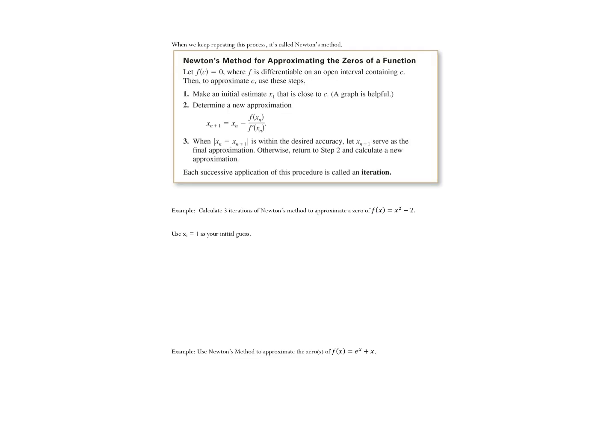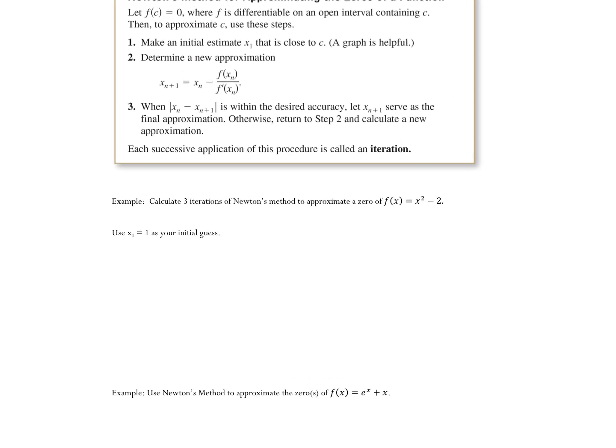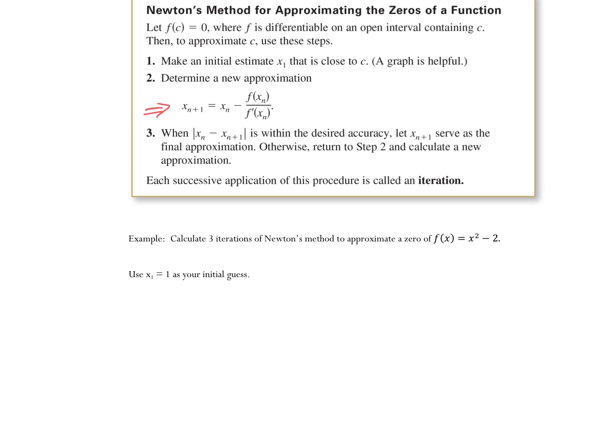Okay, so let's go through, and here's the general form of that. And how I might ask you the question is I'll tell you how many iterations to do to get to your estimate of the 0, okay?